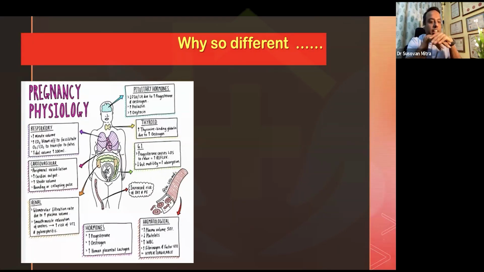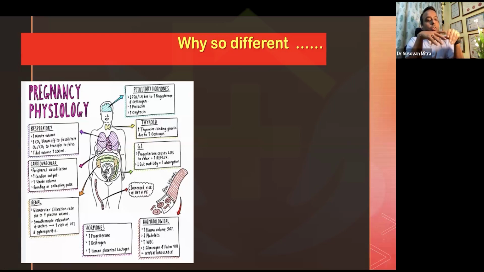Always, if you do a blood gas on a pregnant lady, you will find she has respiratory alkalosis because she is blowing out the PCO2.